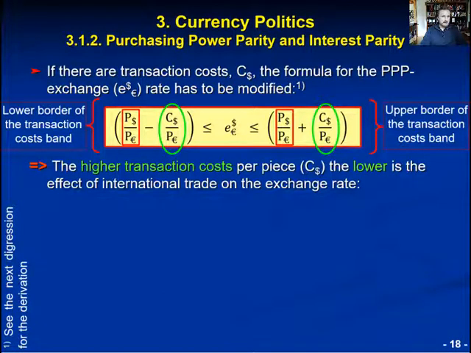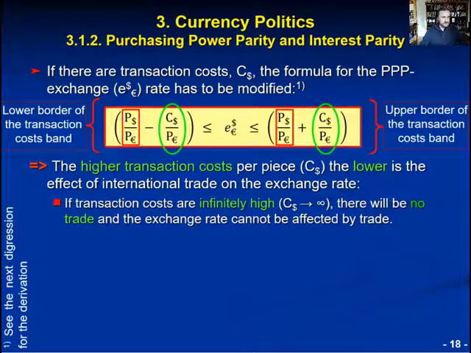The higher these transaction costs per piece, measured by uppercase letter C, the lower the effect of international trade on the exchange rate. This bandwidth gets the larger, the broader, the higher the transaction costs measured by capital letter C are.